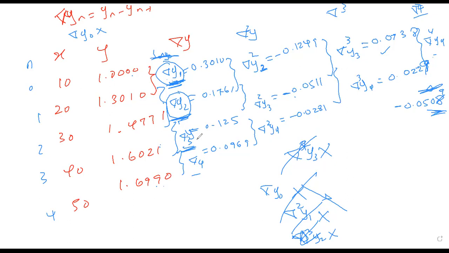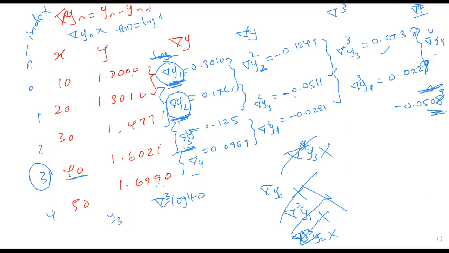Okay. So what about the question? They are asking you to find nabla cube log 40, isn't it? So this is what they are tricking you. So you know the function is f of x equal to log x. So x, I need to put 40. So only thing is, if you put the index terms, my 40 will be y3, isn't it?